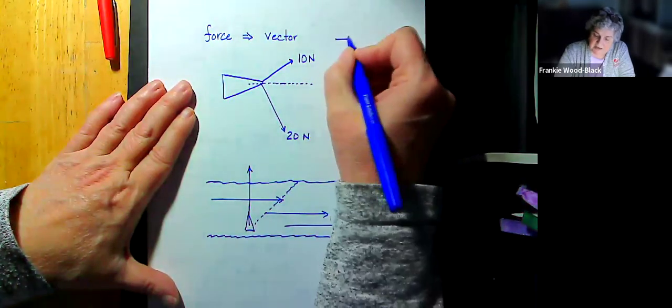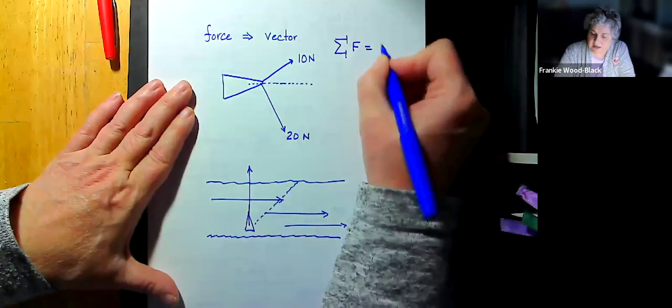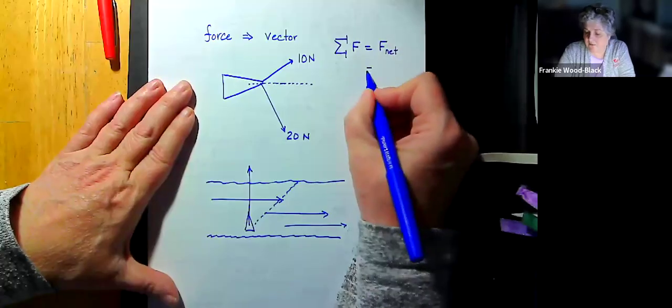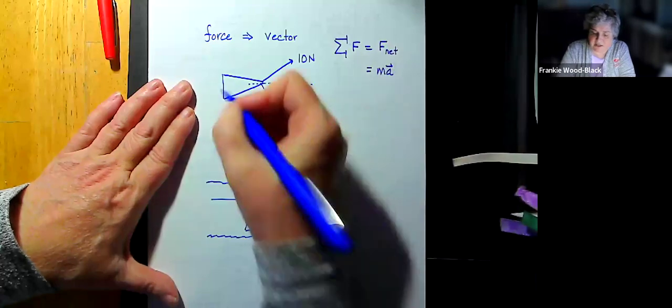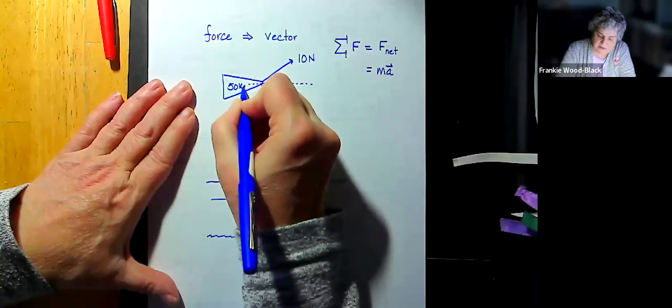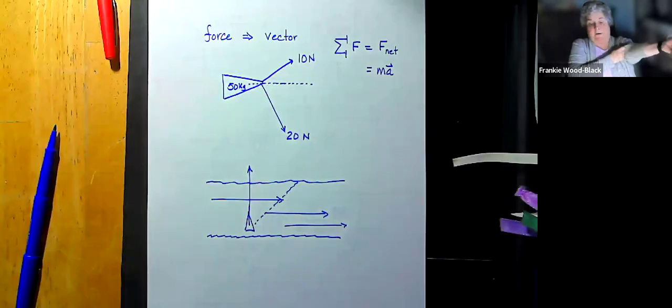So Newton's second law is that the sum of the forces is going to equal my net force, and we can figure out that that's going to be the mass times the acceleration. So let's give our boat a mass. We're going to say our boat is 50 kilograms, because this is just an experiment here.